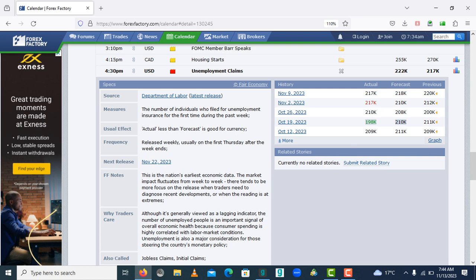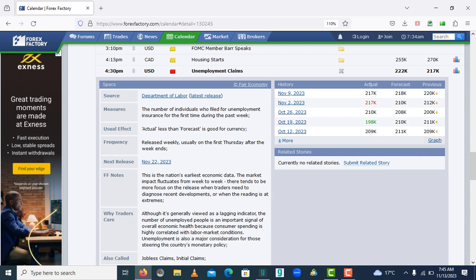The one that has a change of 12 will have a bigger impact than the one that had 7 and the one that had just 1. Actually, you can see that 218 and 217 was almost the same thing, because the change in this case was very, very small.